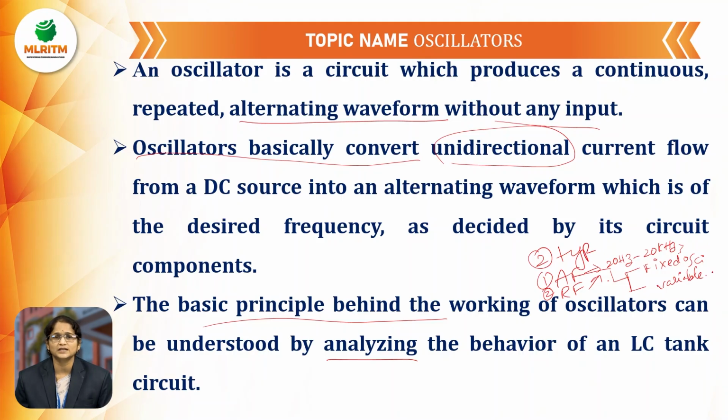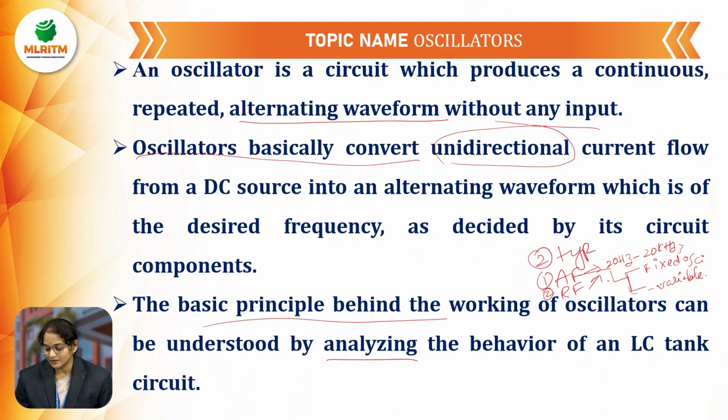A fixed oscillator is one that generates a fixed frequency or fixed amplitude signal. We don't want to change anything, the output is obtained directly, without changing it, generating a pure signal in this fixed AF oscillator.